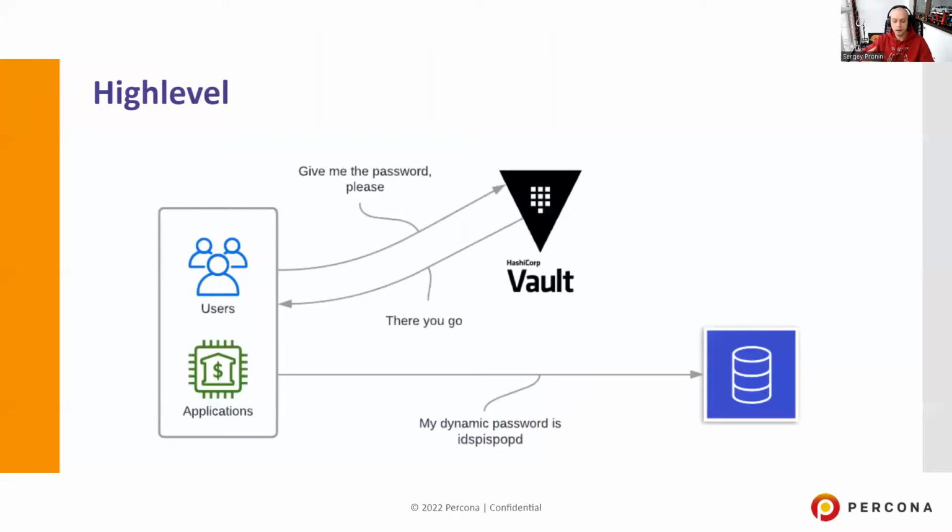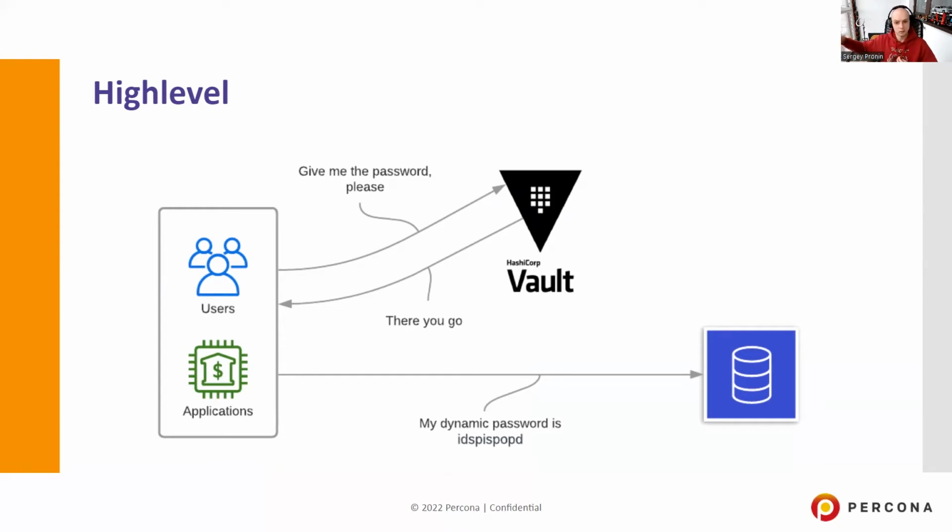And the solution that we're going to look into today is dynamic users and passwords. How it works is the user or the application first goes to HashiCorp Vault and nicely asks for dynamic credentials. Please give me my password. HashiCorp Vault does some magic behind the scenes and returns the login and password to the user or the application.